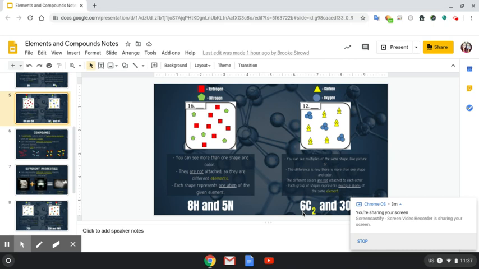We know our element is carbon based off of our little legend up here. And there's 2 of those carbons in each group. So we're going to add that 2. Same thing with our oxygen. We have 3 groups of oxygen. 1, 2, 3. So we put a 3 for groups. There's our element symbol. It's kind of cut off. And then you would put a little 3 for the subscript. So like carbon has a 2, you would put a 3 for our oxygen because there's 3 circles here.